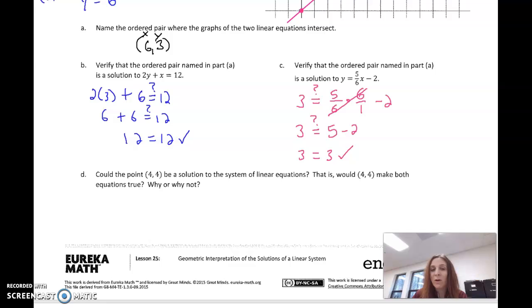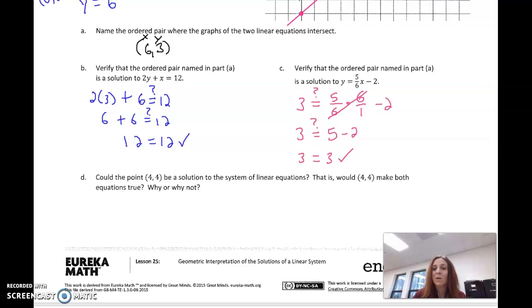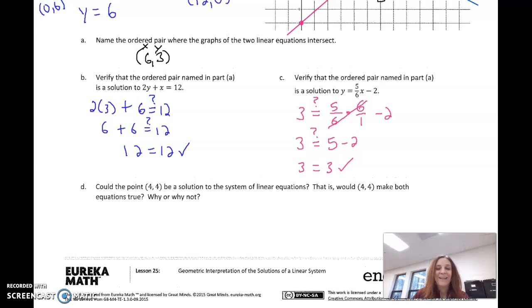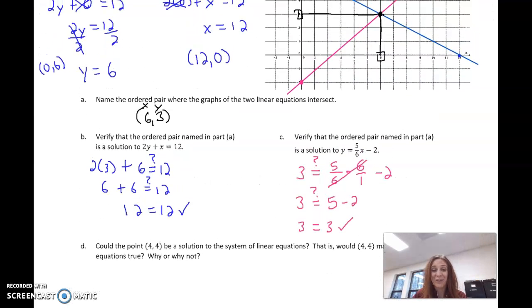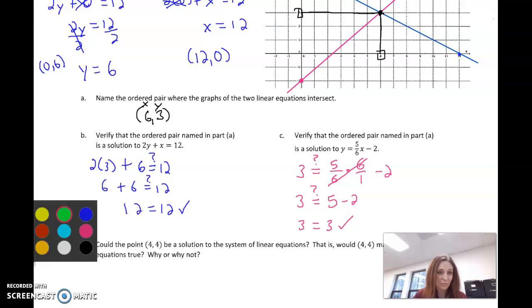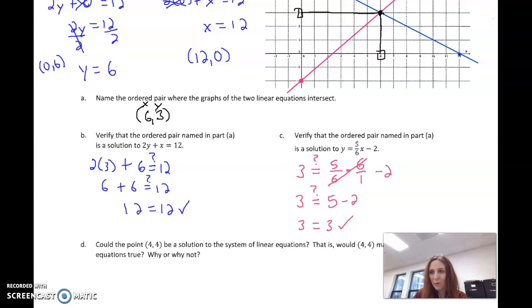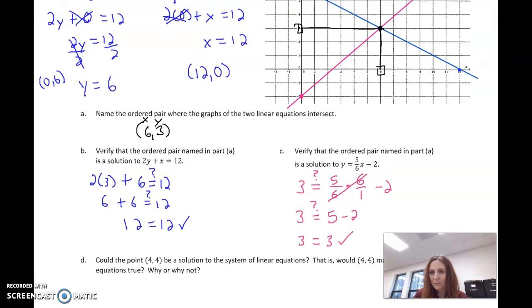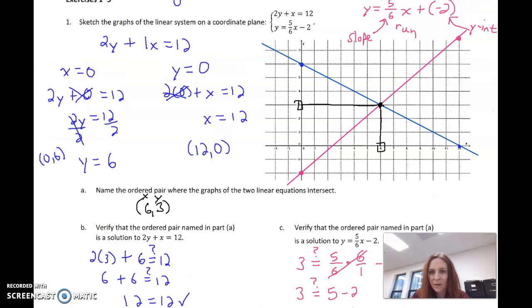Could the point (4, 4) be a solution to the system of linear equations? Well, let's look at our graph first of all. The point (4, 4) occurs right here. So it is on the blue line, the first one.